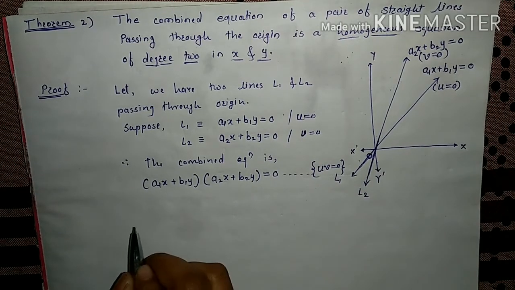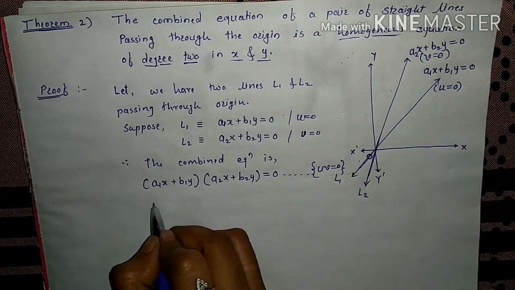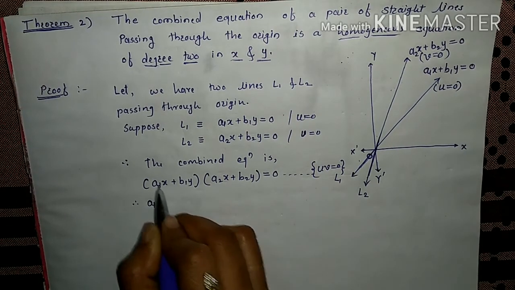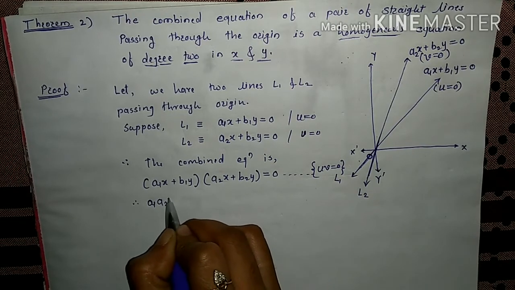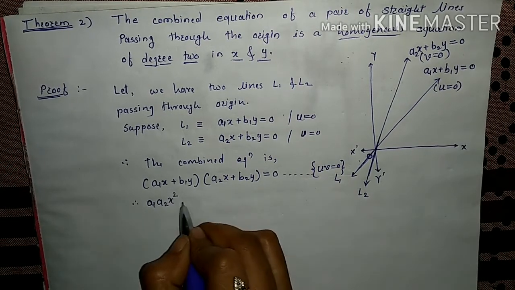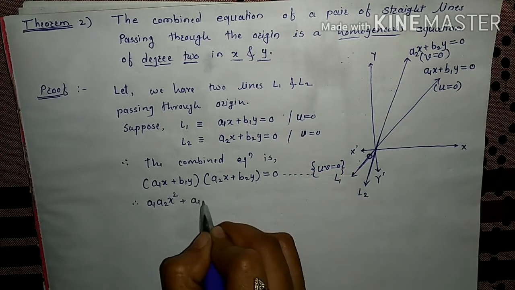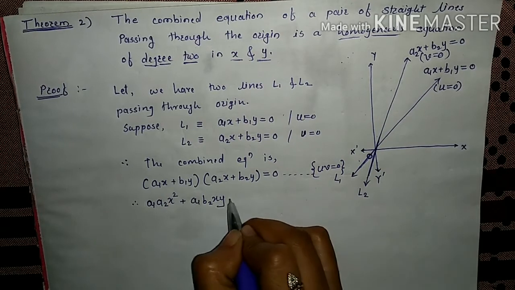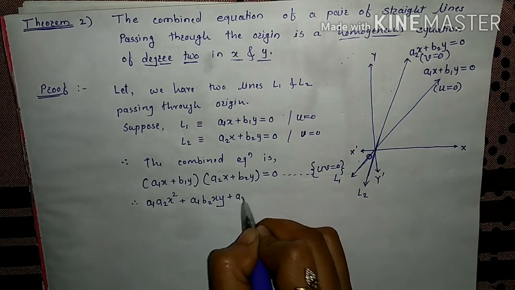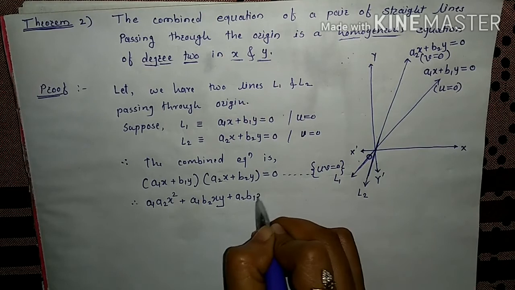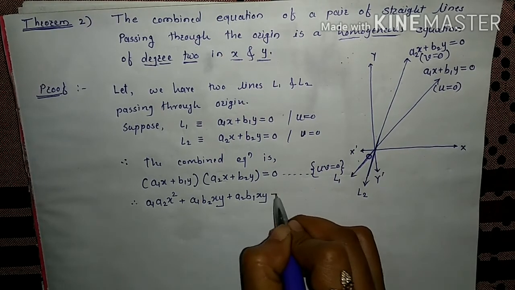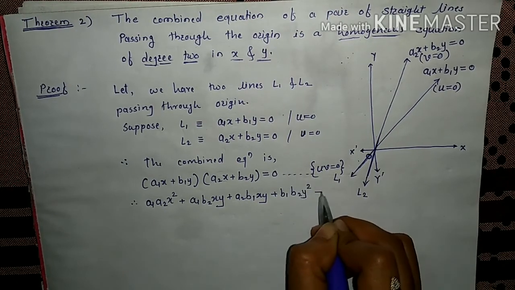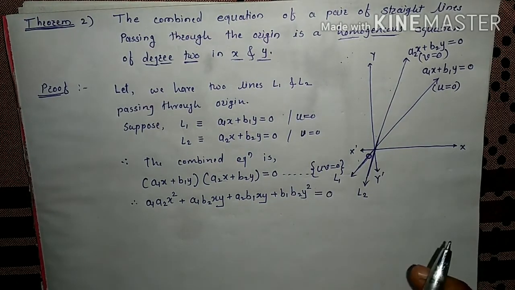Now we have to simplify this. Therefore, a1 a2 x square, then plus a1 b2 xy. Now multiply, a2 b1 xy plus b1 b2 y square is equal to 0.